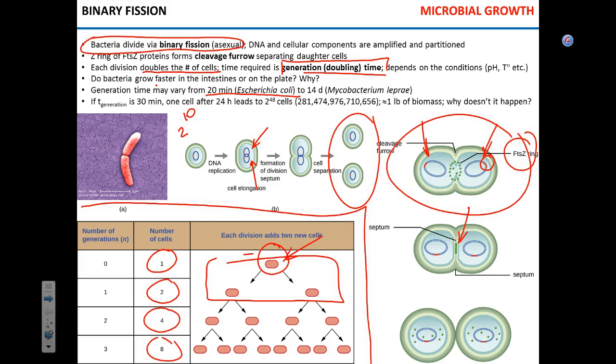However, if you are unlucky enough to study mycobacteria, like Mycobacterium leprae, the causative agent of leprosy, its generation time in the lab is 14 days. To observe the colonies, you may have to wait for months. That's really a pain in the rear end to work with such microorganisms.